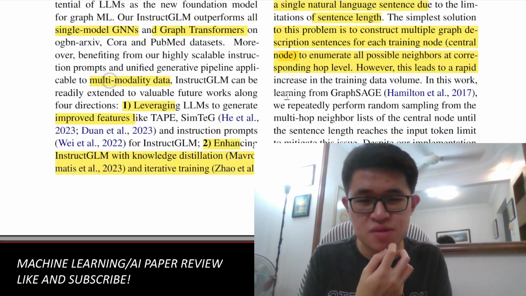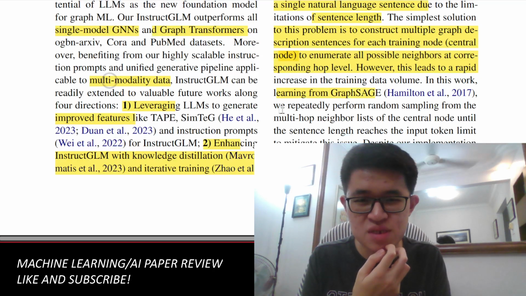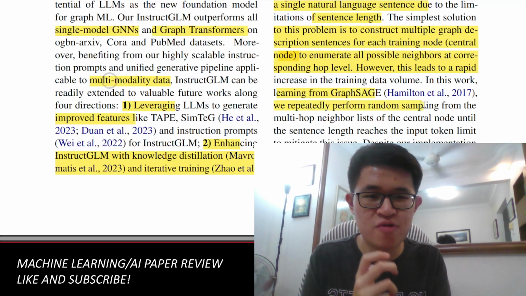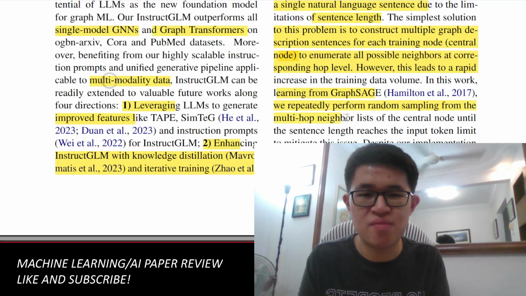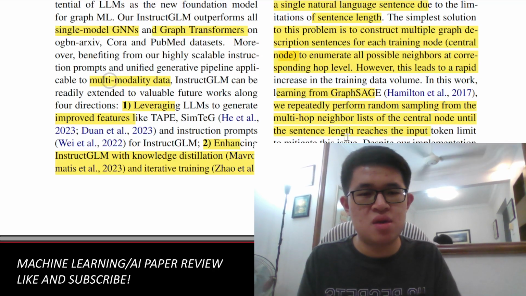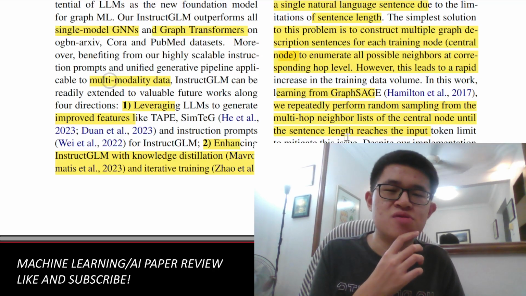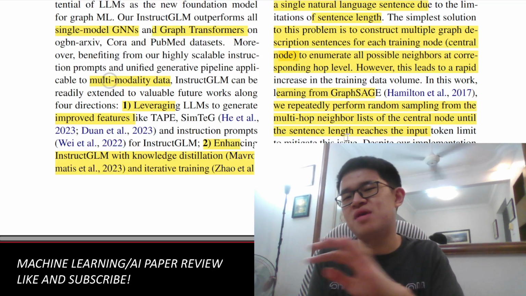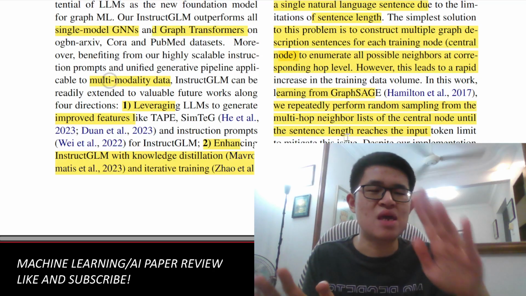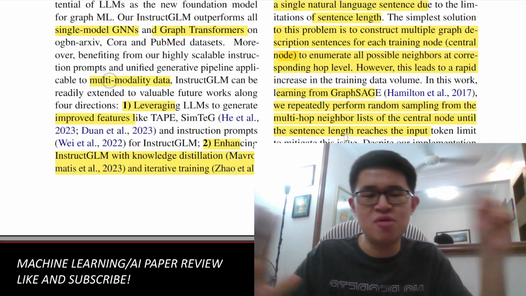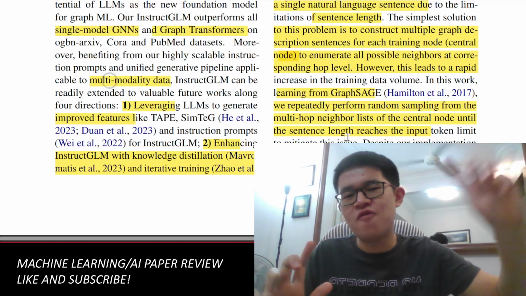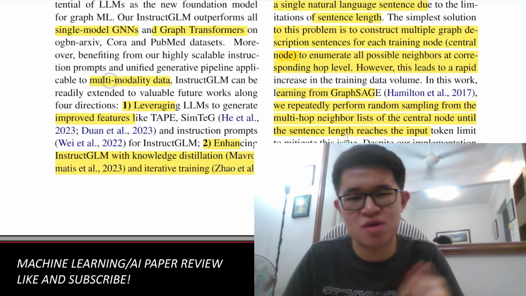Okay, right. So to say, learning from GraphSAGE, we repeatedly perform random sampling from multi-hop lists of the central node until the center line reaches the limit. Okay, so what they essentially do here is that instead of enumerating every single possible neighbor, how about if we just select a few of them randomly, right?